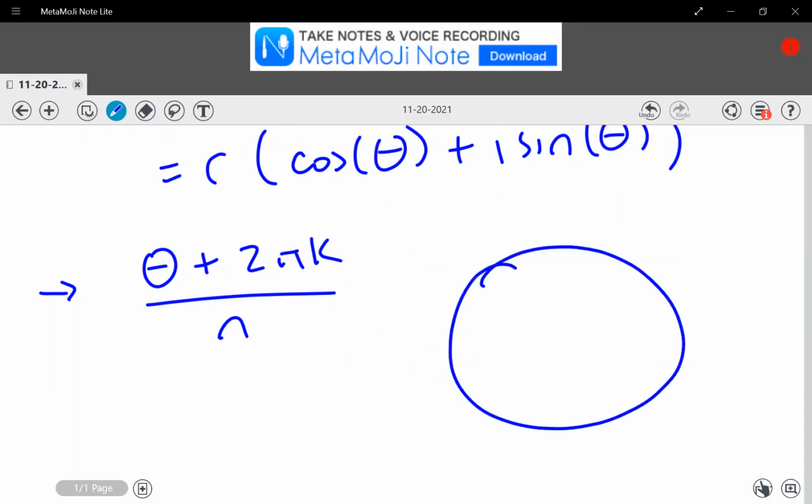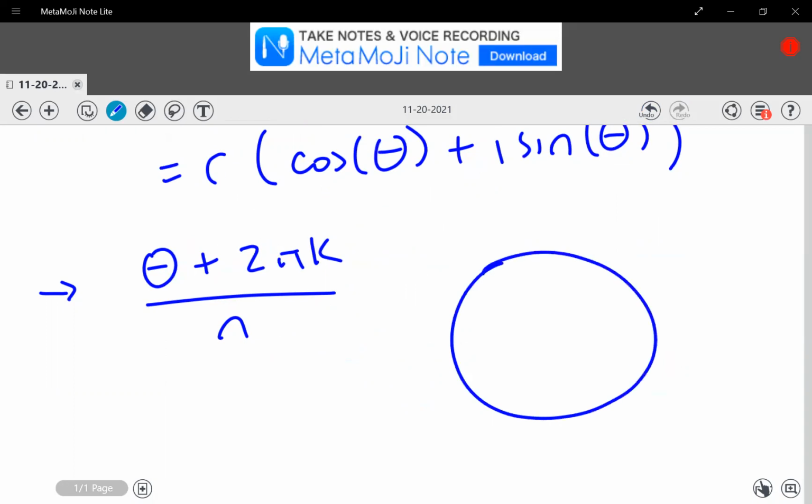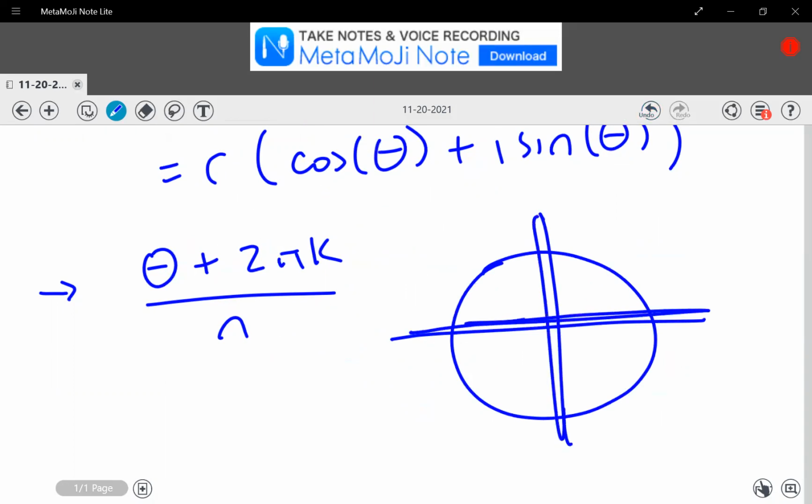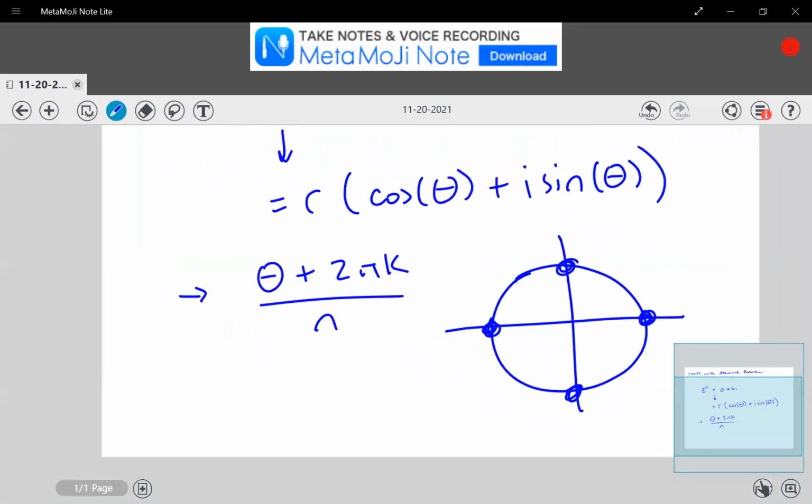So we can imagine a circle. If n is 3, we'll divide our circle in 3, 1, 2, 3. If n is 4, we'll divide it in 4. And we'll end up getting these spots on our unit circle as we go around.